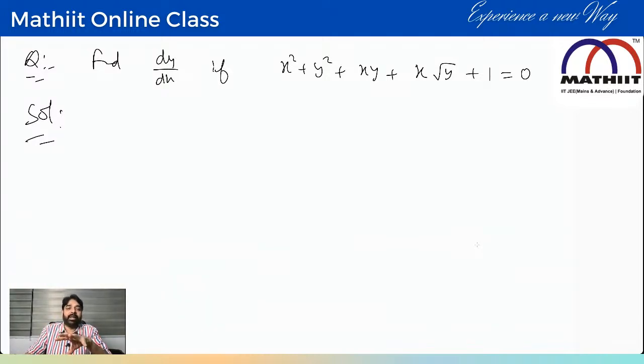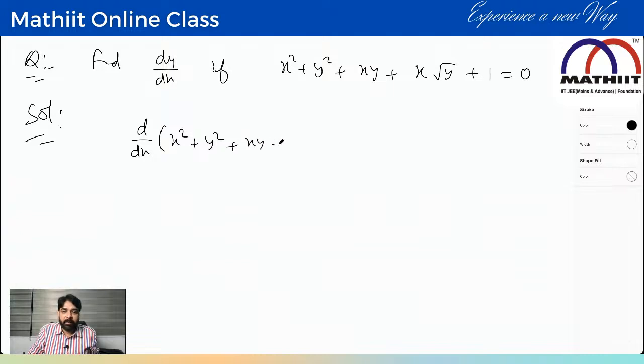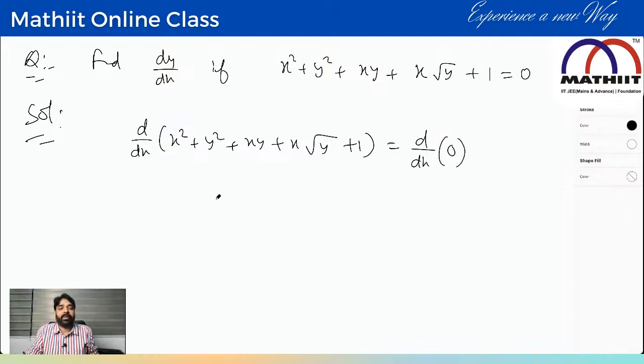I have to find dy by dx, so dy by dx will only come when the d by dx goes inside. We can write it this way: d by dx of x square plus y square plus xy plus x root y plus 1 equal to d by dx of 0. Have you understood what I'm doing? I'm putting d by dx on both sides. This part will be 0 because the differentiation of a constant is always 0, and this I'm sending inside. Watch it.